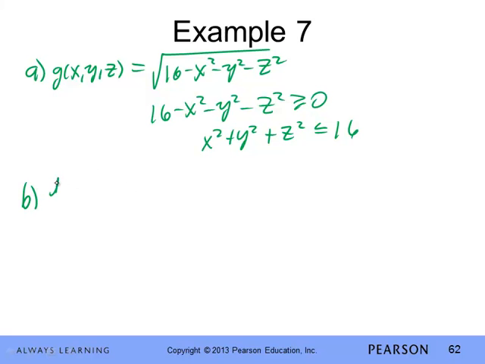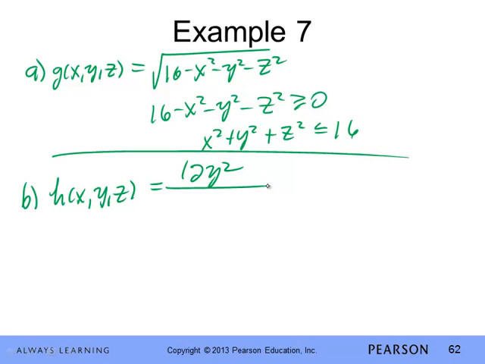We've got h of x, y, z equal to 12y squared over z minus y. All right, we have a fraction. We know that we cannot divide by 0, so that means you set z minus y equal to 0. As long as z minus y is not equal to 0, we have the domain.